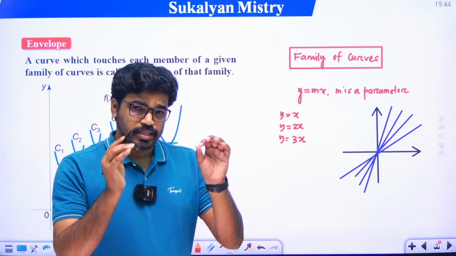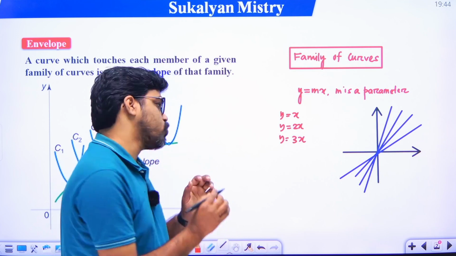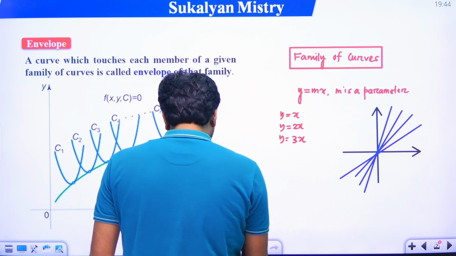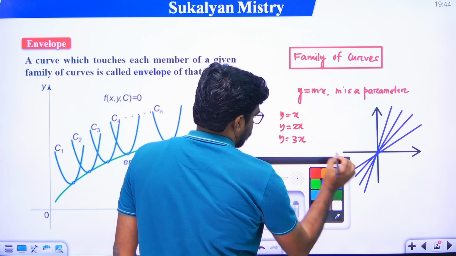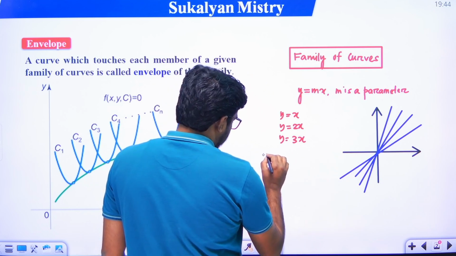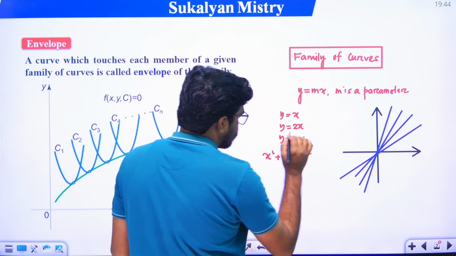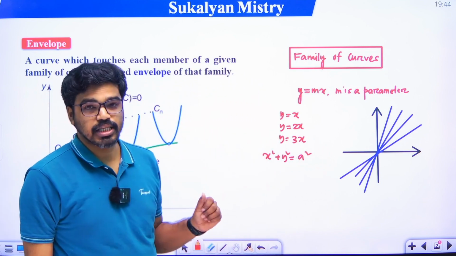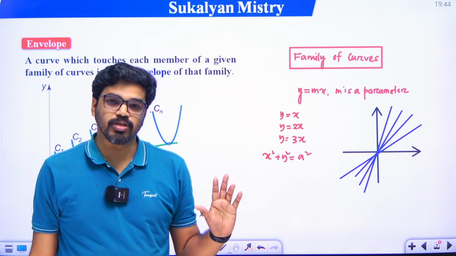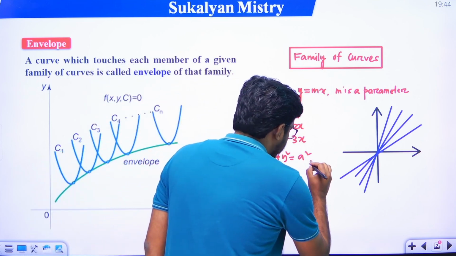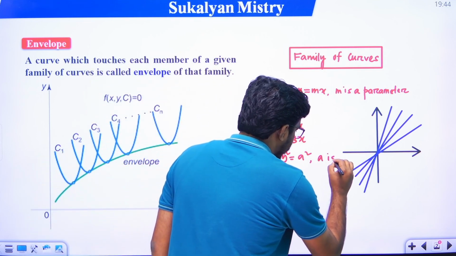Okay, similarly if we consider this equation, x square plus y square is equal to a square. A is a parameter.